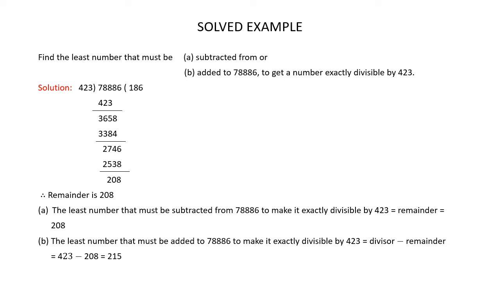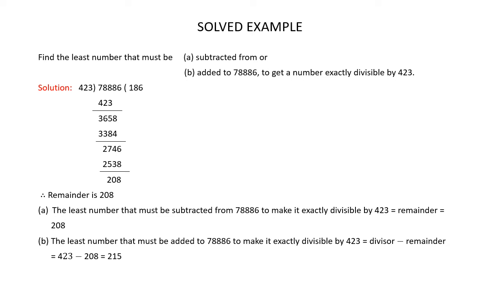So when you divide 78886 by 423, you get the remainder as 208. The least number that must be subtracted from 78886 to make it exactly divisible by 423 is the remainder, that is 208.